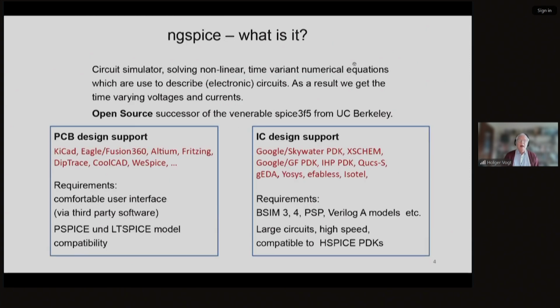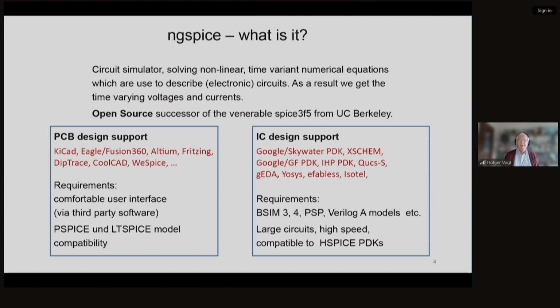When we talk about Ngspice, what is it? It's a circuit simulator, and the circuit simulator solves nonlinear time-variant numerical equations. These equations are used to describe electronic circuits. You see electronic in brackets because you, for example, also could do thermal circuits or even a combination of both.